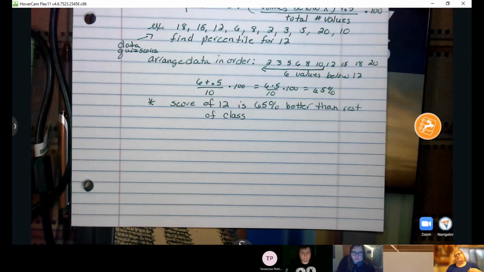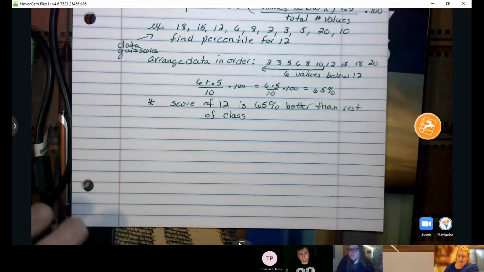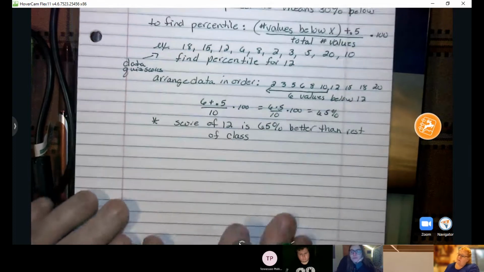All right, now if we want to go in the reverse, we know what the percentile is, and we want to know what the value is at that percentile.